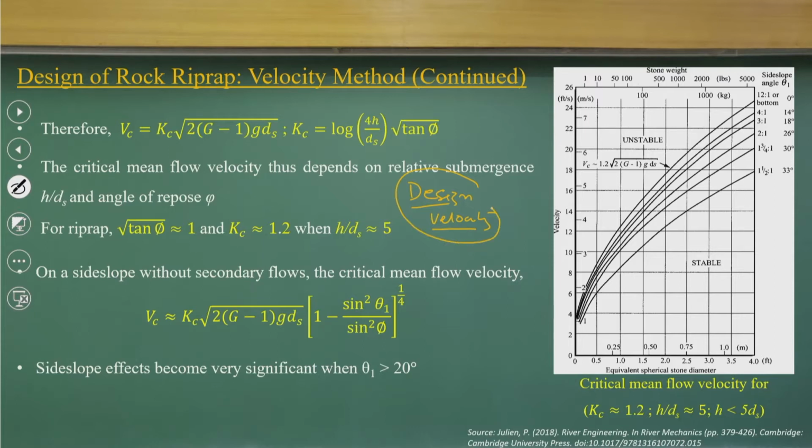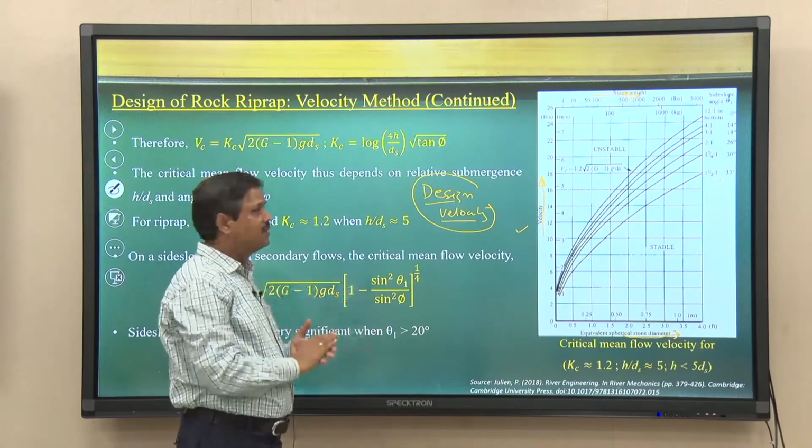If I look at this design chart, it is very clear-cut. It plots velocity versus the equivalent spherical stone diameter and the stone weight, with different degrees of bank slopes.